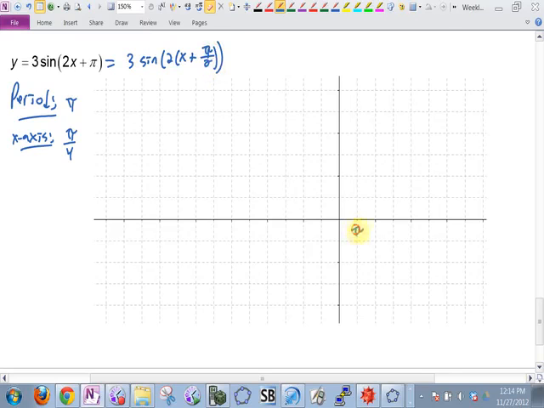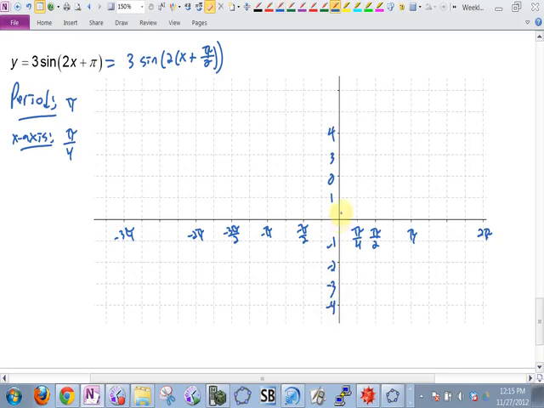So we're going to label by pi fourths. And then maybe go by 1, 2, 3. For some reason mine's cut off, so I'm going to say 1, 2, 3. Like that. Sound good? Okay.